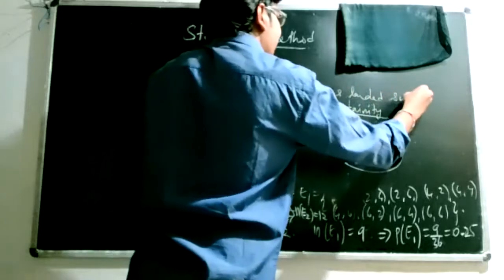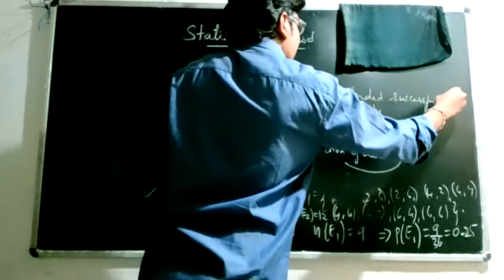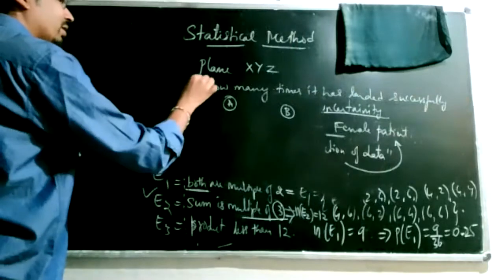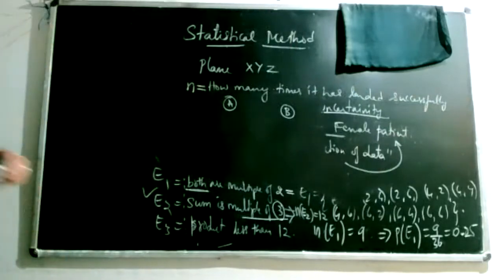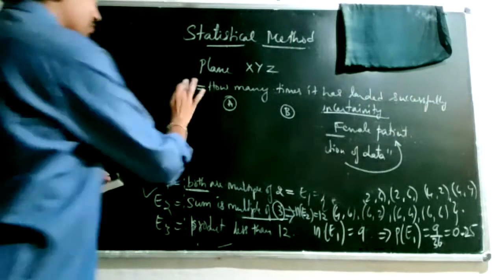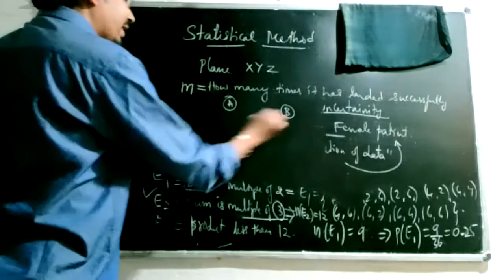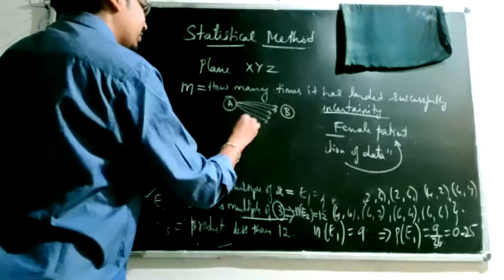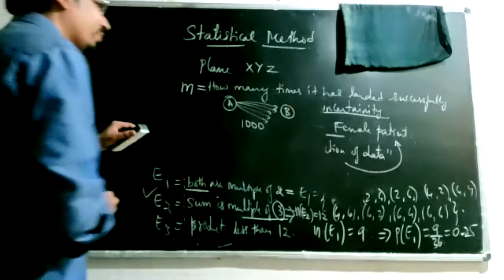I'll call that landing successfully. That we will observe, and I'll call that N. So in the previous cases, let me say that the flight has taken around, say, 1,000 such flights from A to B.